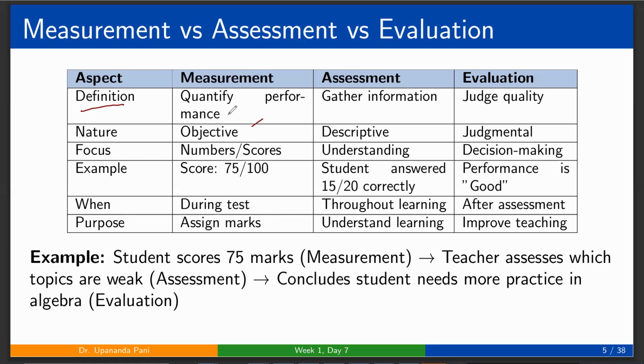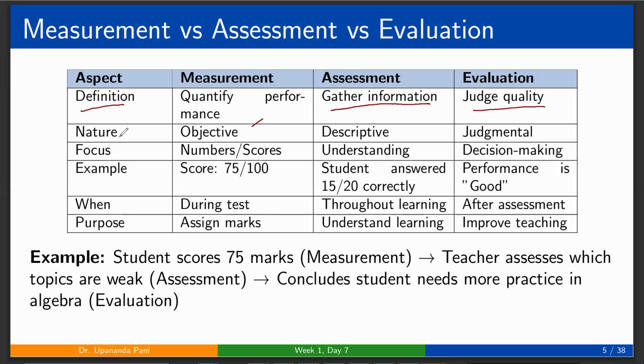Measurement definition: to quantify performance means in a class test when you are getting, let's say, 20 marks, 10 marks, what we are basically trying to do is quantify the performance. Then assessment is to gather information. Then evaluation is to judge the quality.